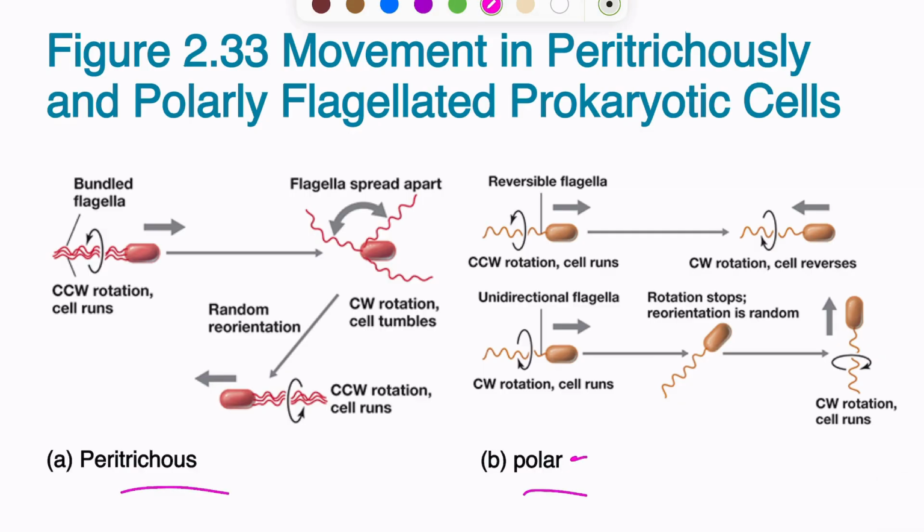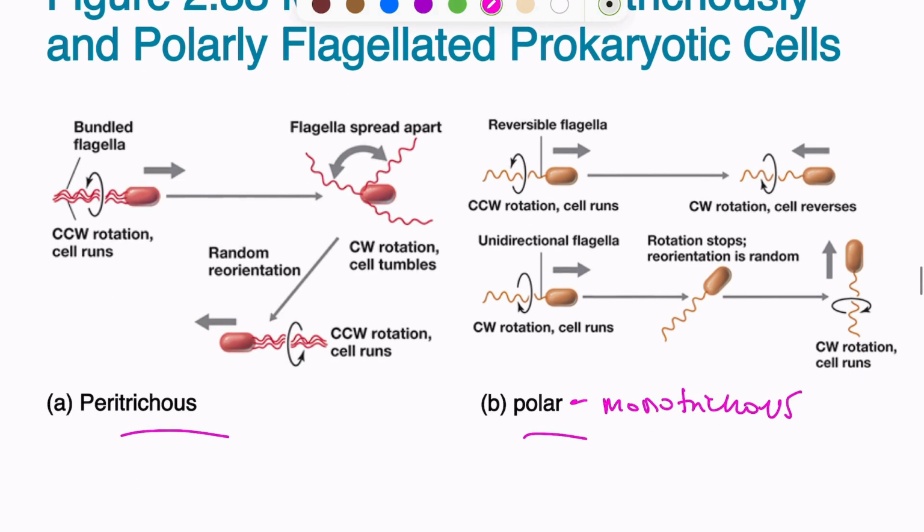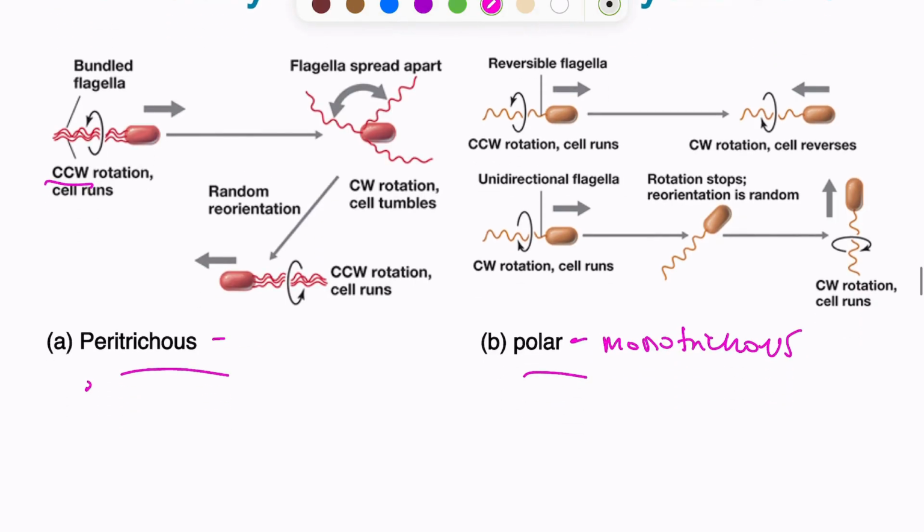So polar is another term for monotrichous flagella. So the flagella themselves will rotate counterclockwise or clockwise. So CCW stands for counterclockwise, and then CW is clockwise.